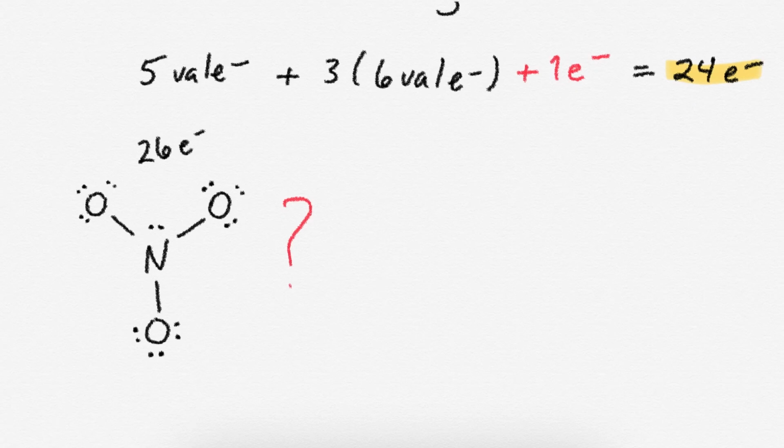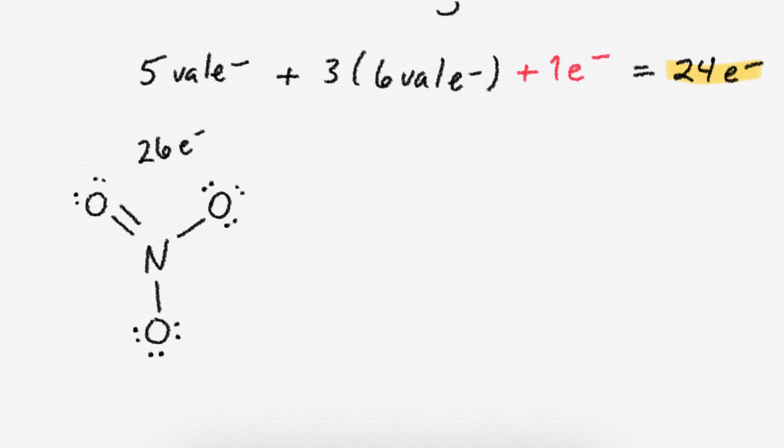So what do we do? How do we fix this structure? Well, the one thing that we can try is to make a double bond. I'm going to choose this bond between the nitrogen and oxygen, and I'm going to make that a double bond. But notice if I make this a double bond, I need to go back and correct for the octet rule, which means I don't need that lone pair on the nitrogen, and I don't need a lone pair on the oxygen.